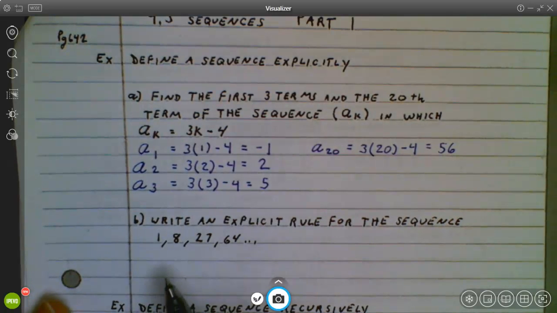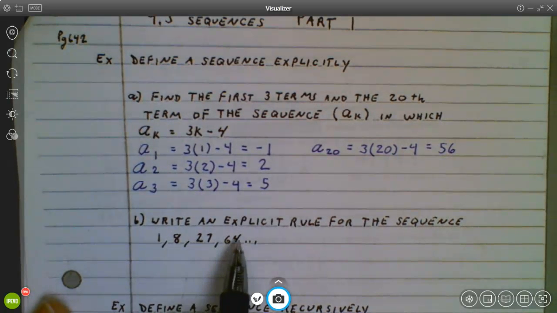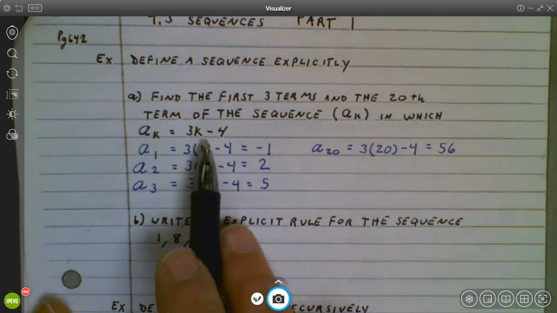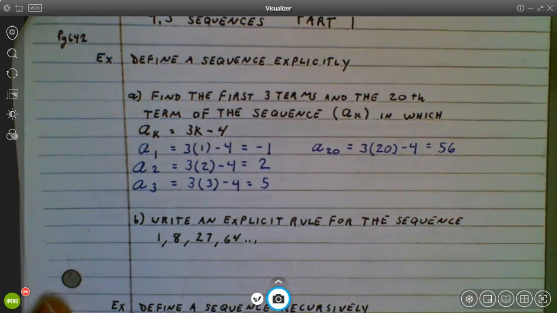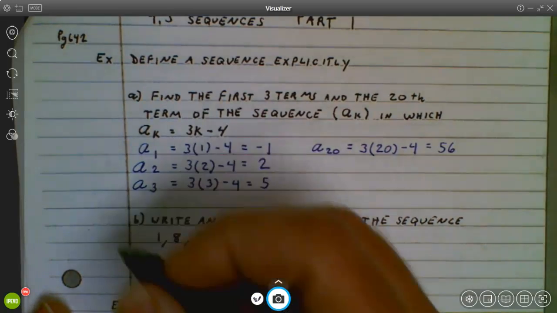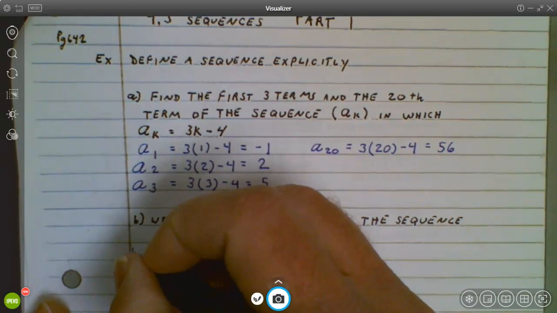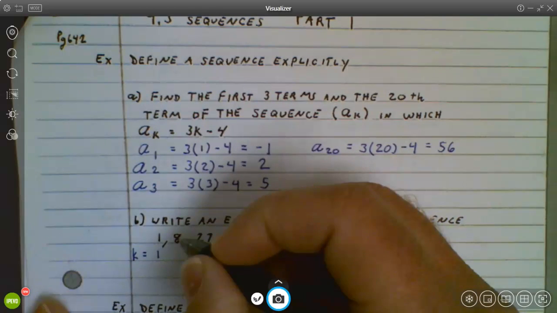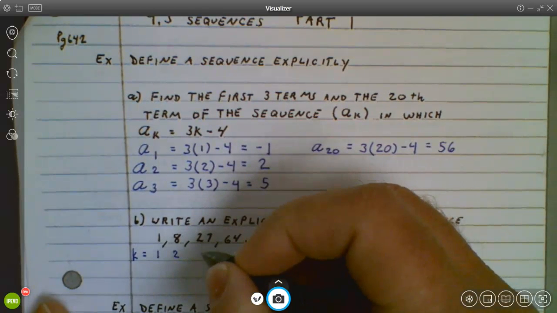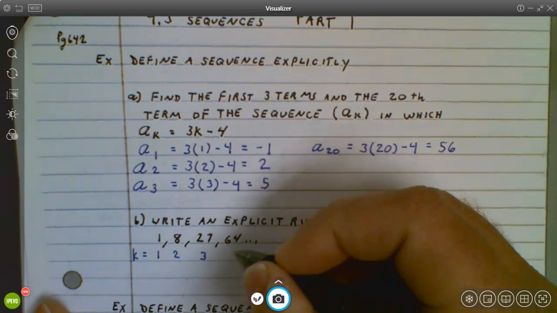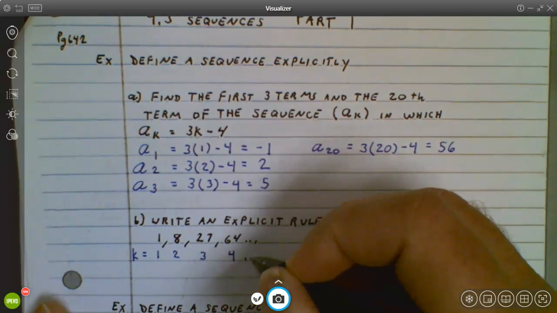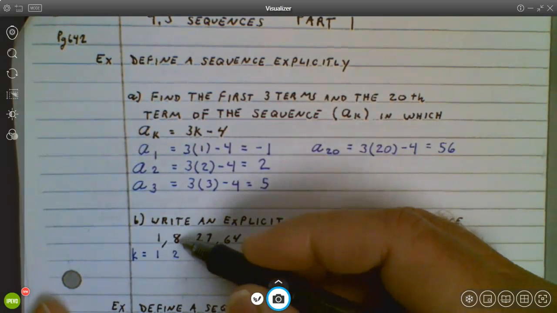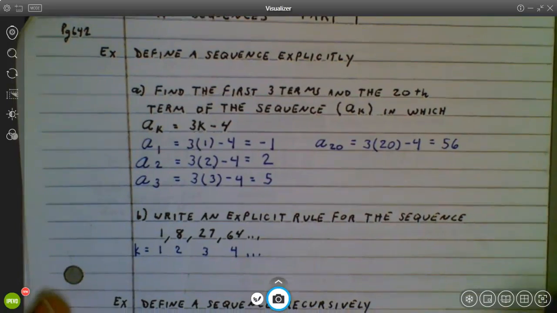So what I would say is, first term, second term, third term, fourth term, we're letting k, and I'll just stick with the letter, represent the term number. So this is when k equals 1, this is when k equals 2, this is when k equals 3, this is when k equals 4, right? Because that's my first term, second term, third term, fourth term.